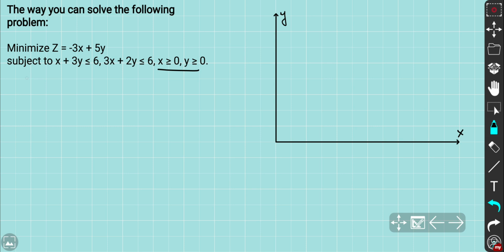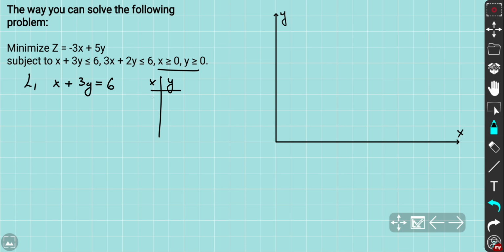And we are interested in the line L1 with the following equation, x plus 3y. Instead of the inequality, we consider the equation of the line. So that's a linear constraint, and the equation is going to be a straight line. We set up the xy set in order to plot the points on the Cartesian plane, and we need 2 points for the line.